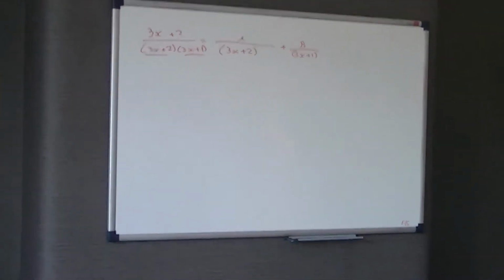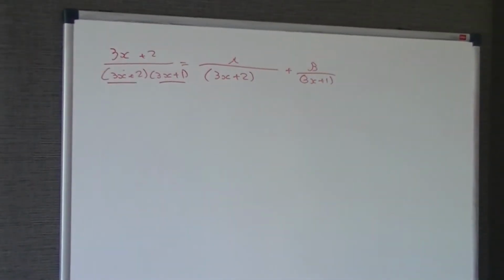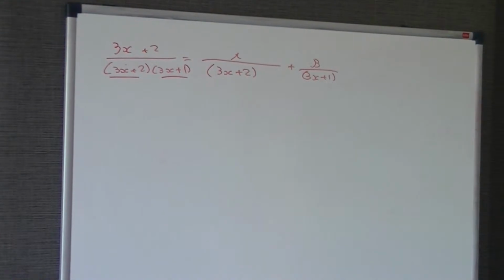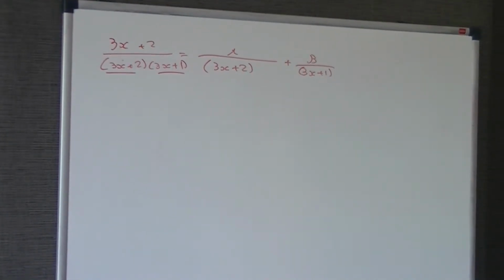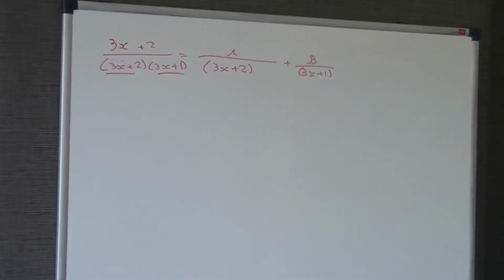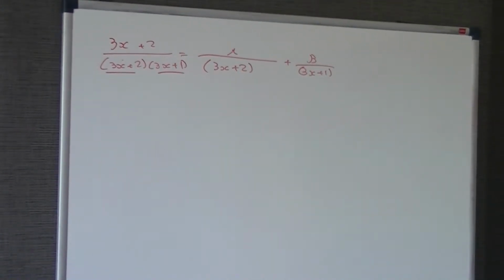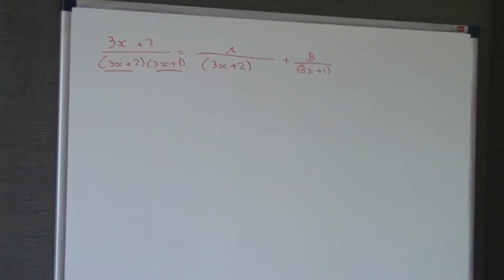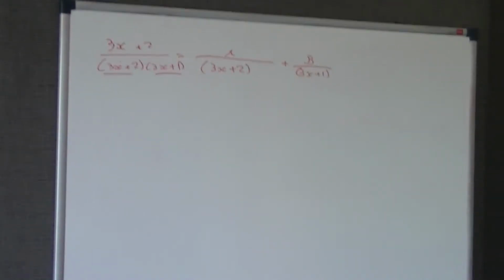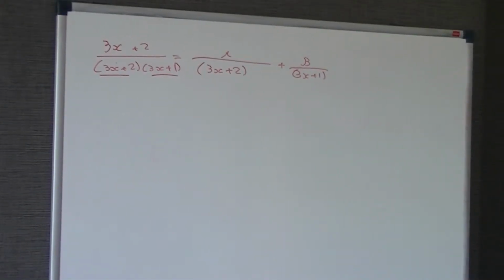Now you might have ones that have linear and non-linear factors, so that could be a cubic or a quadratic on the bottom. One thing to watch out for in a partial fraction, which I have covered in my partial fraction video, but just to jog your memory: if the power on the top is equal to or the same as the power on the bottom, you've got an improper fraction, so use algebraic long division, simplify it down, and then use the remainder of the original fraction.